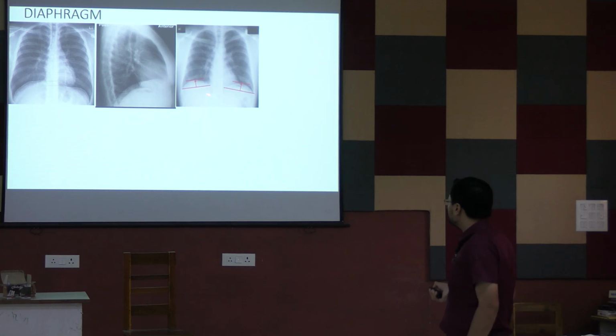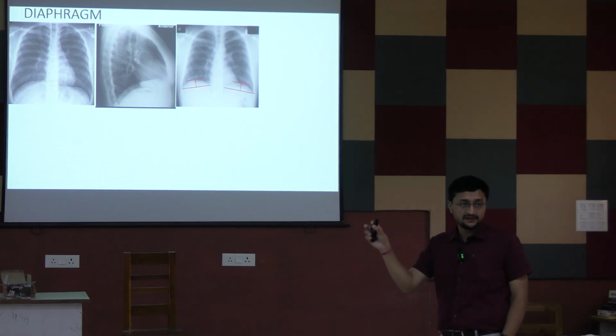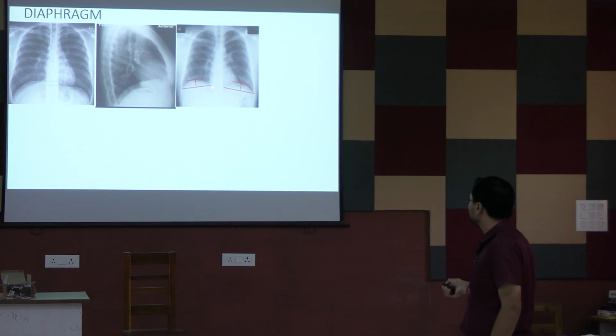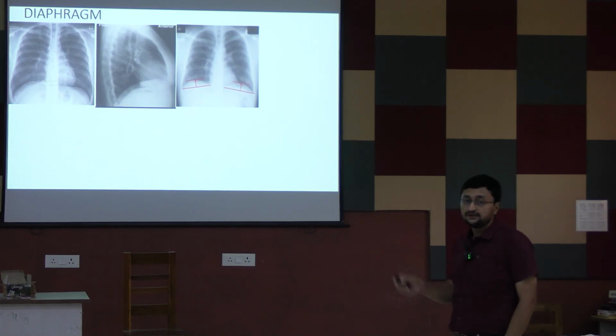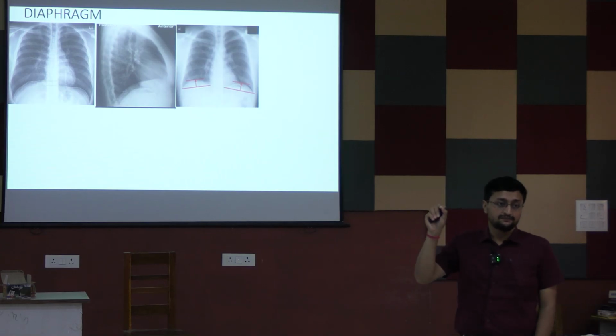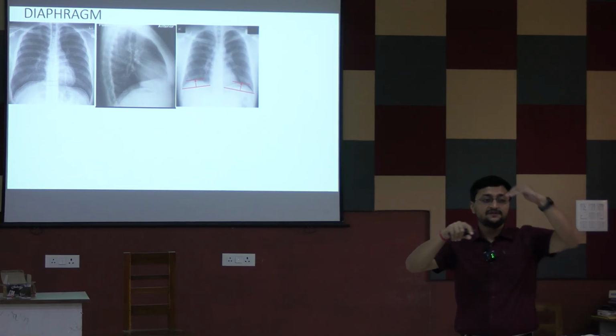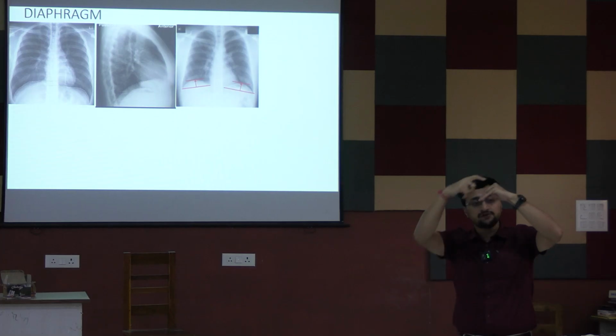You have to draw a line between the costophrenic and cardiophrenic angles. This is the line. And measure the distance from the highest point of the diaphragm. So if this is the diaphragm, this is the highest point, right?